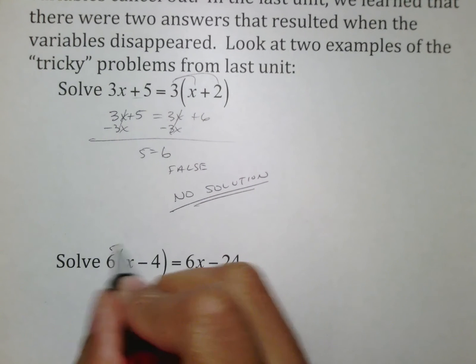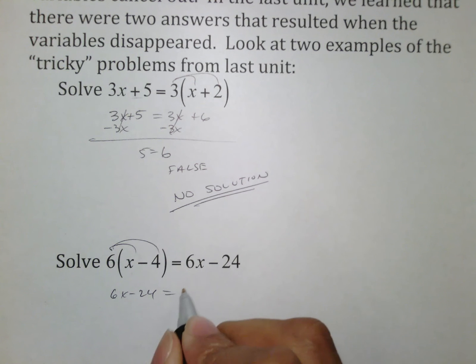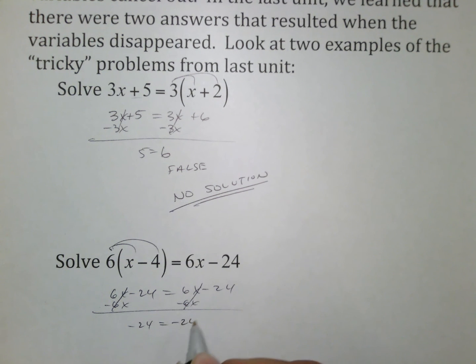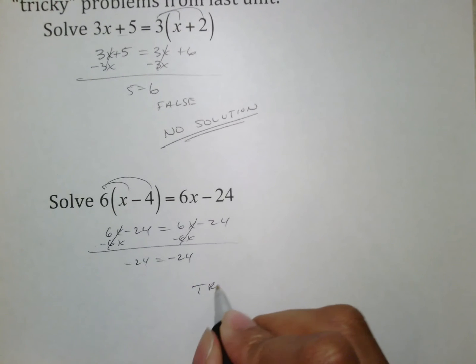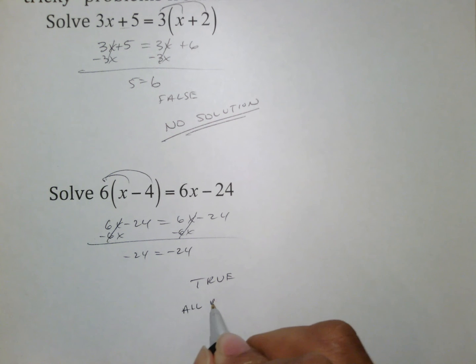Another question here, we can simplify this to make 6x minus 24 equals, we can't do any more with that, so 6x minus 24. We then solve by subtracting 6x from both sides. That goes away, this goes away. Negative 24 comes down on the left and right, and since this is a true statement, the answer was all real numbers.